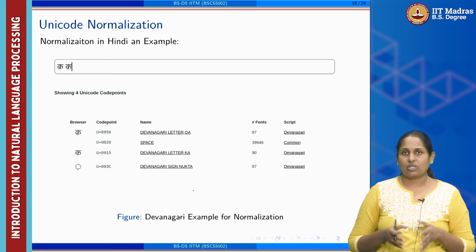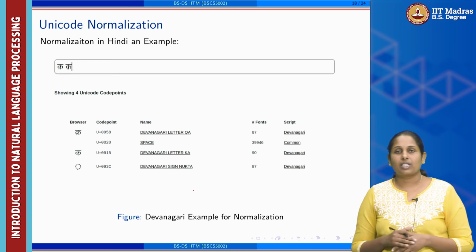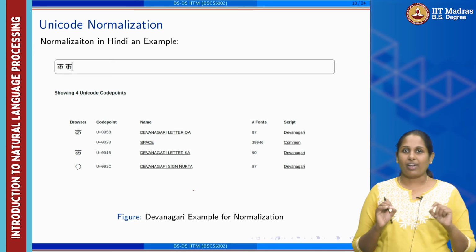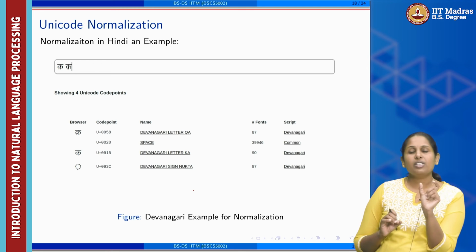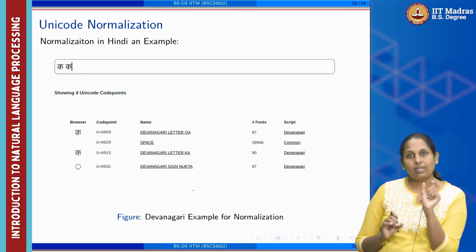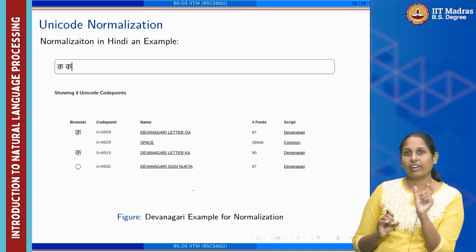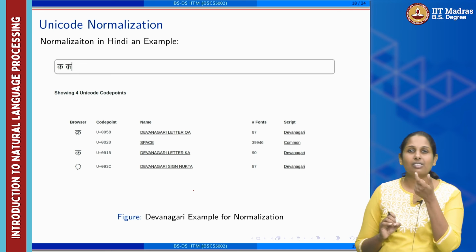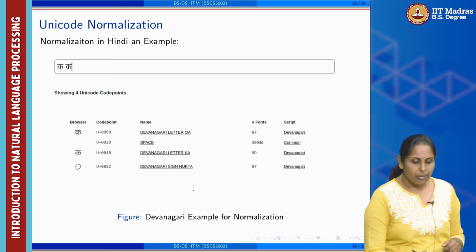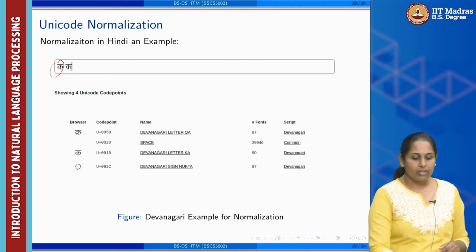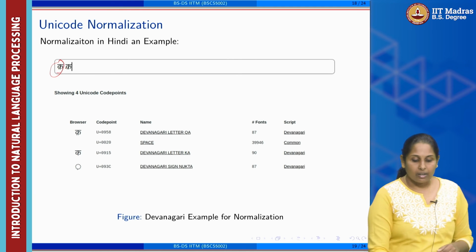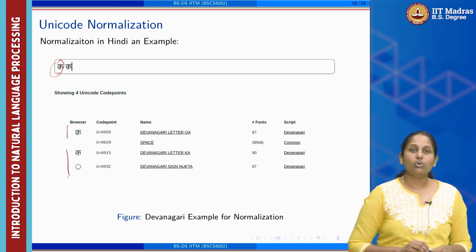Now, when this is represented in text, sometimes there are ambiguities. These ambiguities are in the glyph, that means the representation of a particular sound; sometimes two different sounds are represented by a single glyph. For example, let us say ka with a nukta marker. This can be written in two different ways.